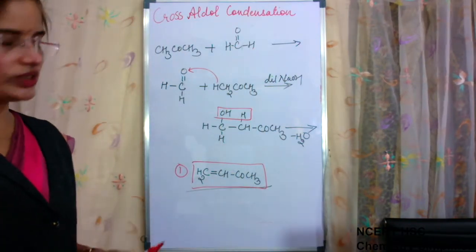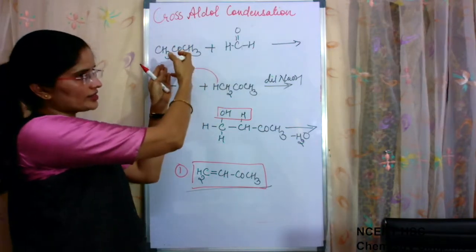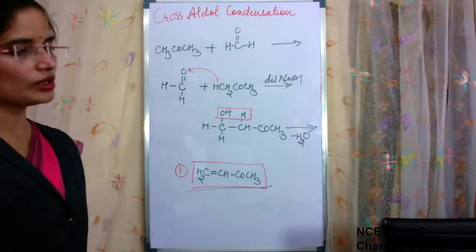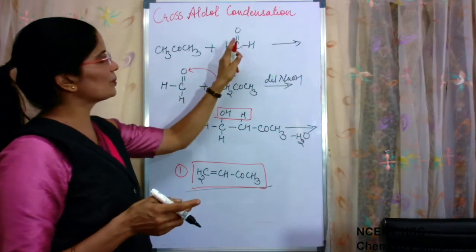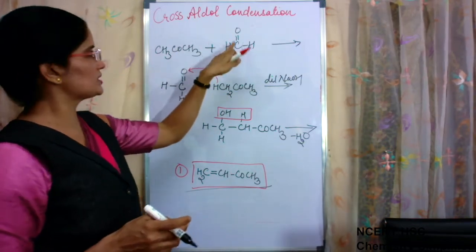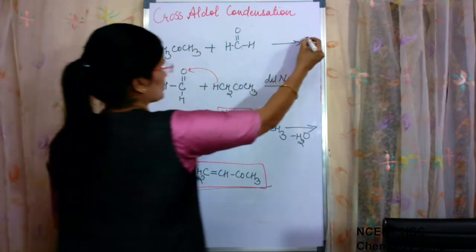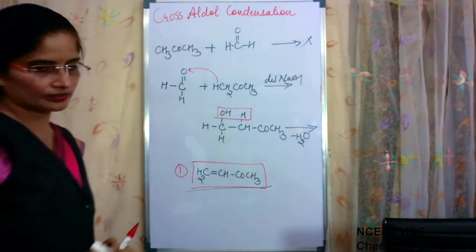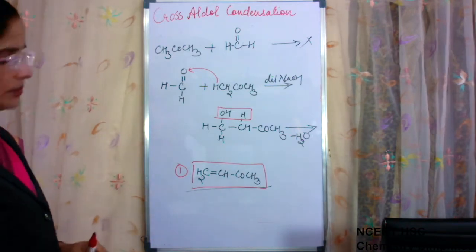Writing is not the subject. That means, if the aldehyde attacks on acetone, is this reaction possible? No, this reaction is not possible because this group does not have alpha hydrogen. So this can attack on this, but this cannot attack on this. So this reaction is not taking place. So the second product is not possible. The first product is possible.